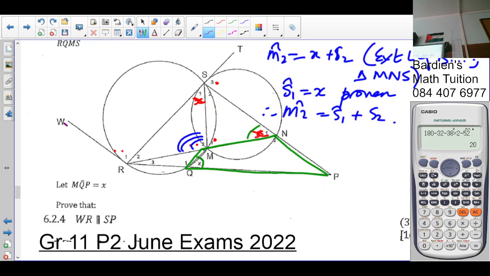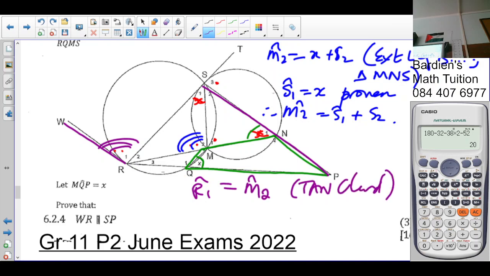So we know that angle R1 is equal to angle M2, by the tan theorem. But we know that M2 is equal to S1 plus S2.